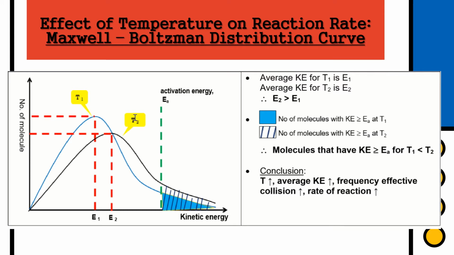So you need to mention this in your explanation later. What you will see here are two different curves. The first one, the blue one, is for the lower temperature, and the black one is for the higher temperature, T1 and T2. It's already stated here that T1 is smaller than T2.